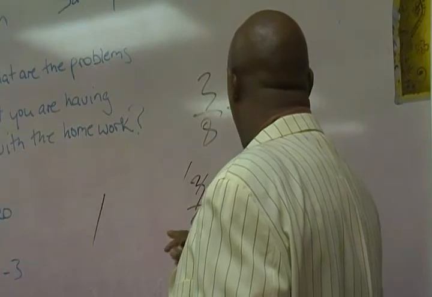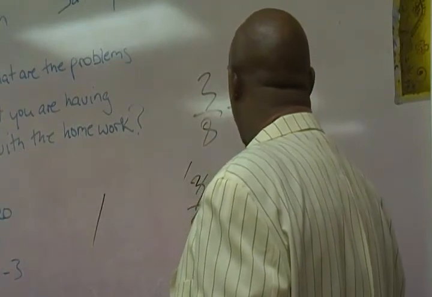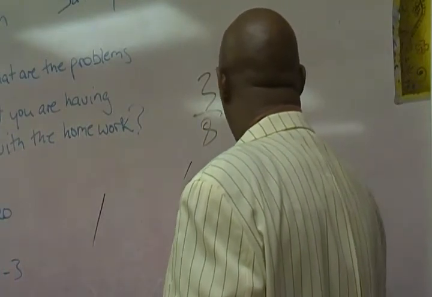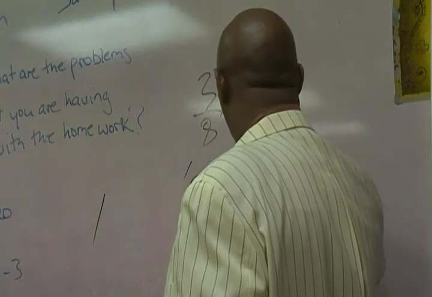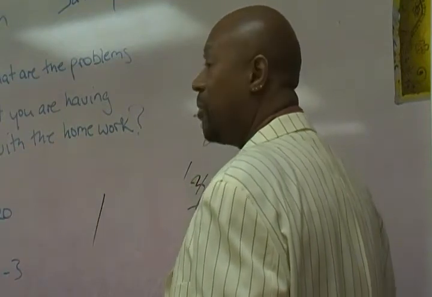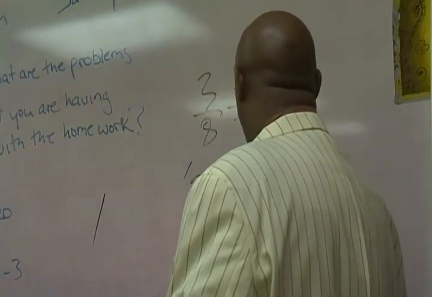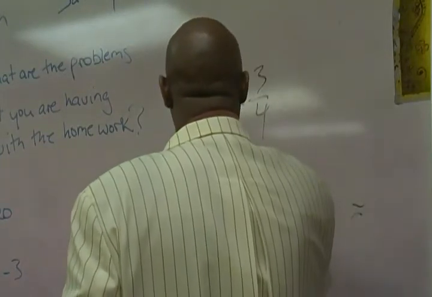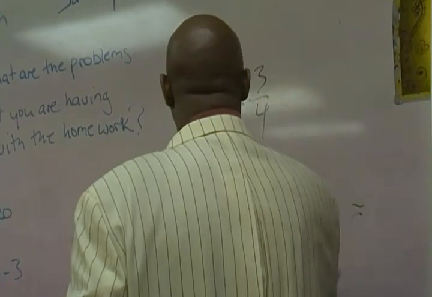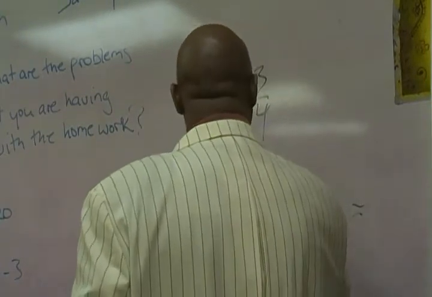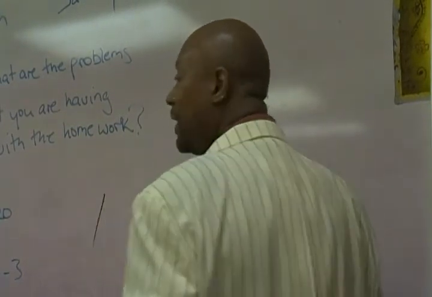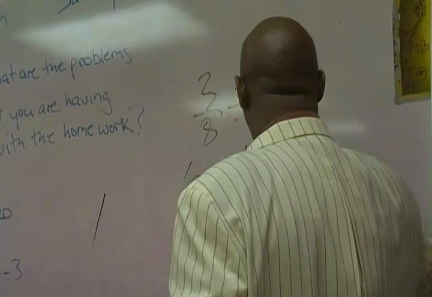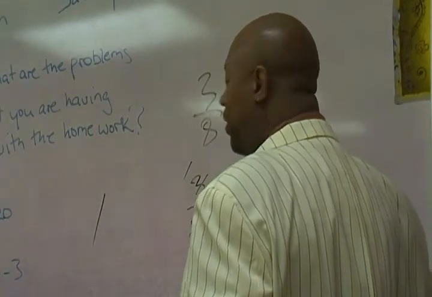So 1/2 is looking different, but it's still the same thing, because if I multiply it out, 3 times 4 is 12, 8 times 3 is 24. That's still 1/2. This is still half of 24.